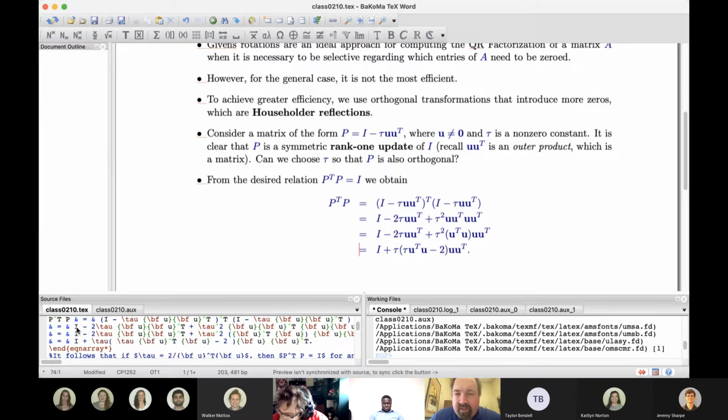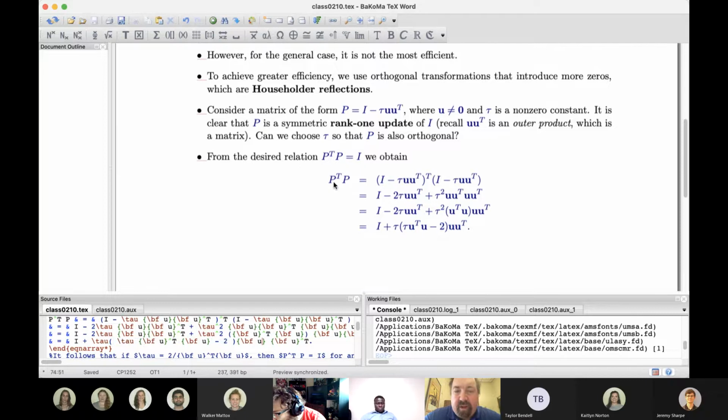Okay, so notice that both of these terms have UU transpose in them times different constants. So these are like terms that can be combined, and tau is a common factor. I'll pull that out. So I want P transpose P to be identity, so I want all of this to be 0.